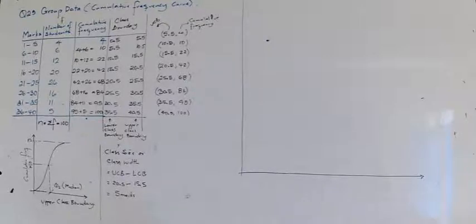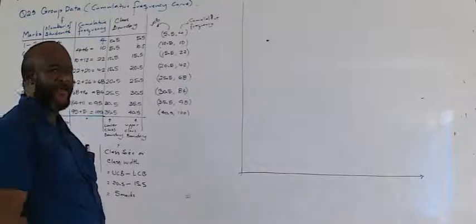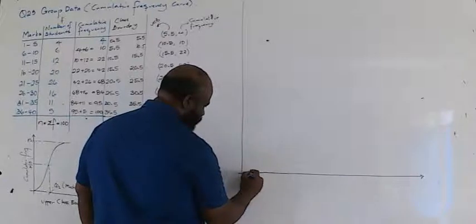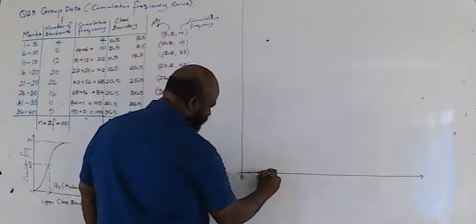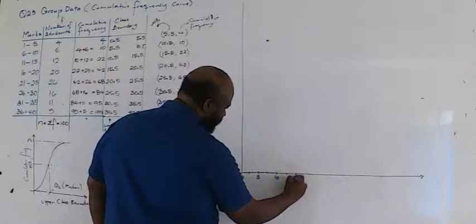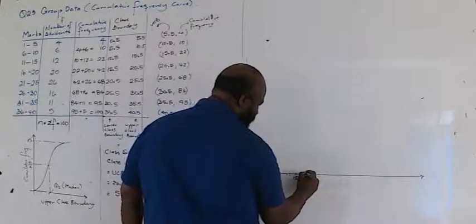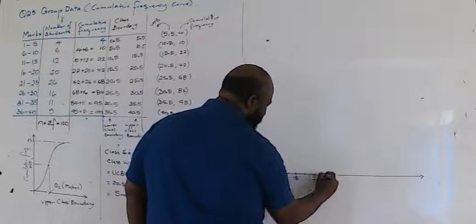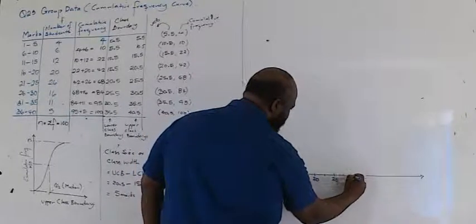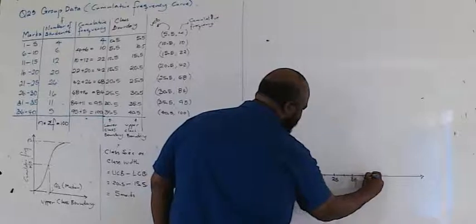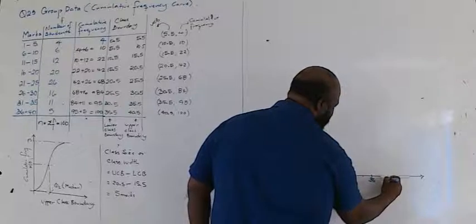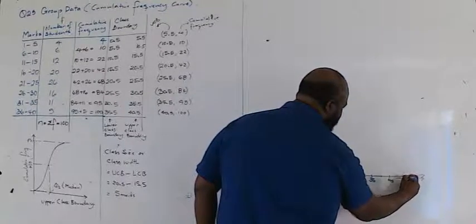So every 2 centimeters, the number goes up by 5: 0, 5, 10, 15, 20, 25, 30, 35, 40, 45.